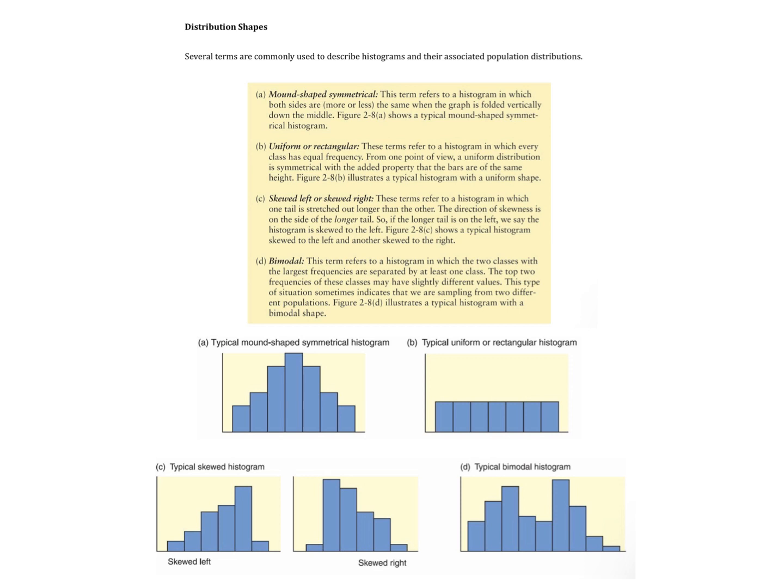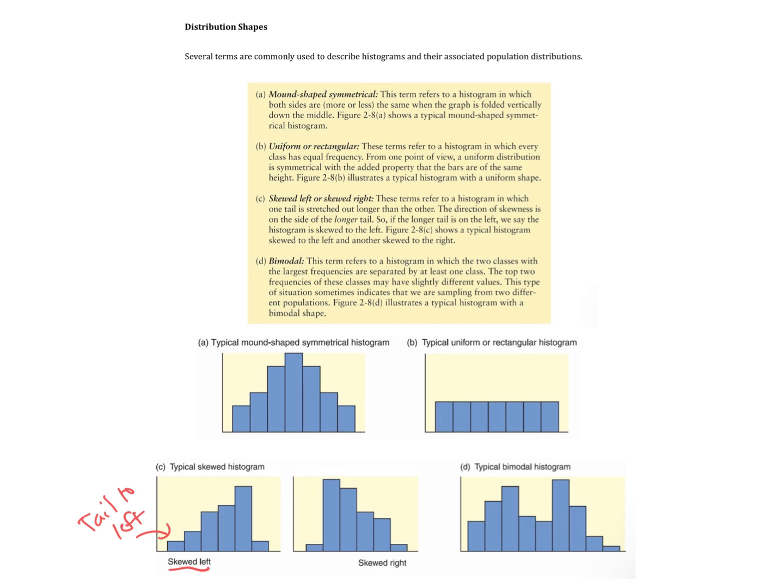And when it says skewed left, the tail is to the left. And the reason we call that skewed left is because most of the data values are to the right. But there are some low data values that would be outliers possibly that are skewing the data to the left.